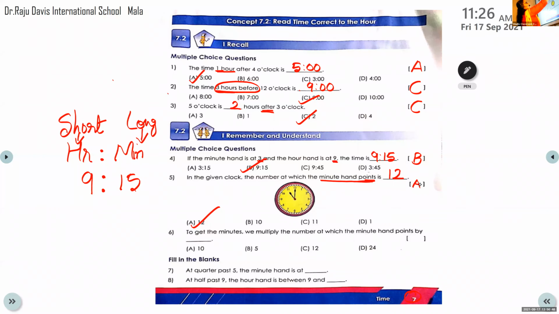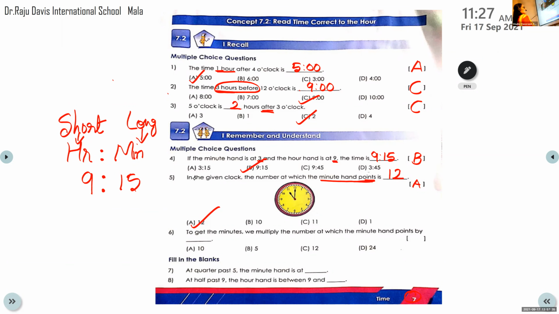6th one. Ramin, unmute. Read the 6th question, dear.